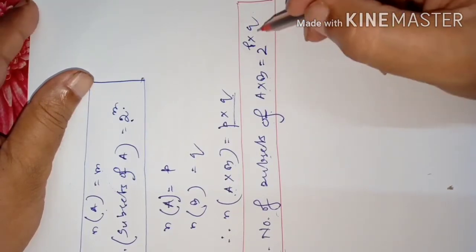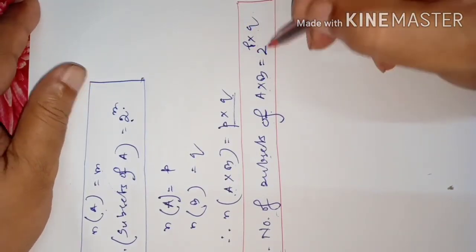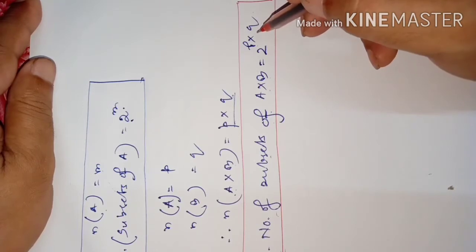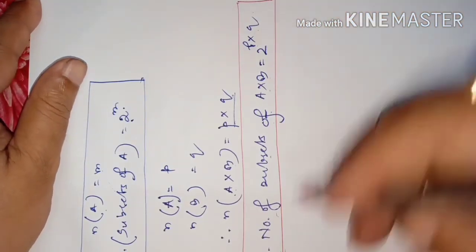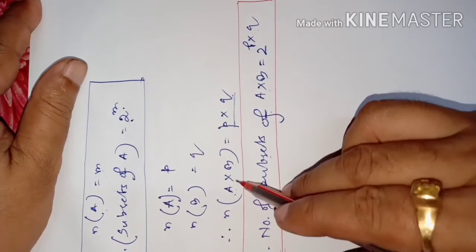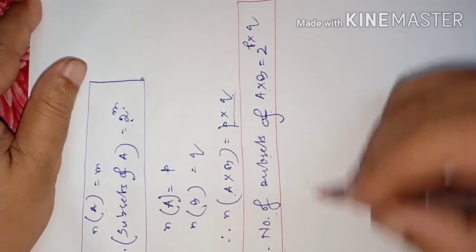So if this many elements are there, this many subsets are there, then that many relations can be formed, because every subset of A cross B is a relation.